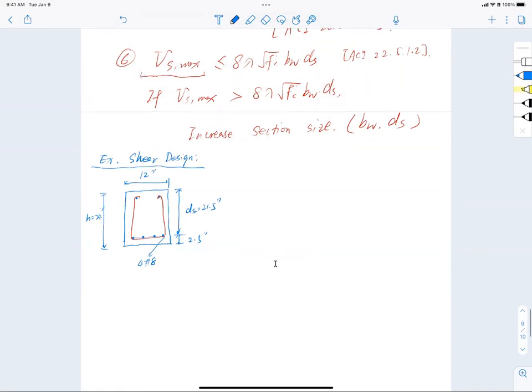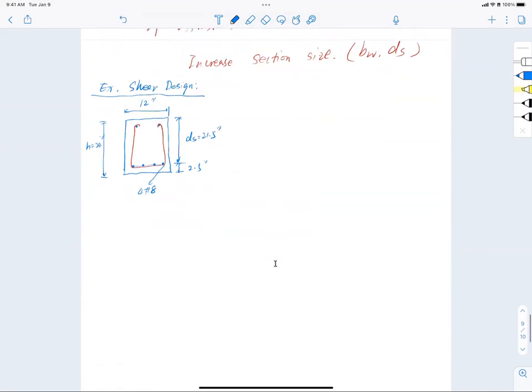When you have a simply supported beam with this section, that means my beam is simply supported like that. And then I have a shear diagram, right? I have a distributed load, which gives a triangle shear diagram like this. And that tells me that I have a maximum shear right here.